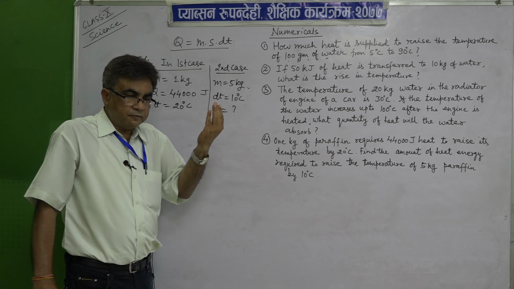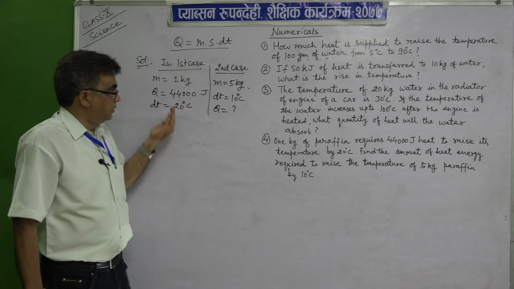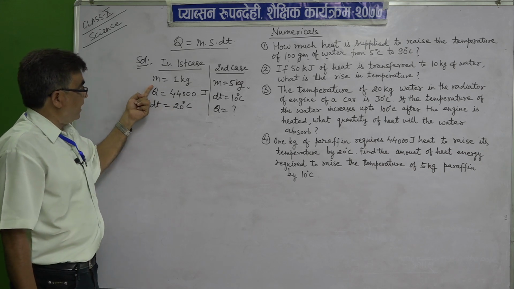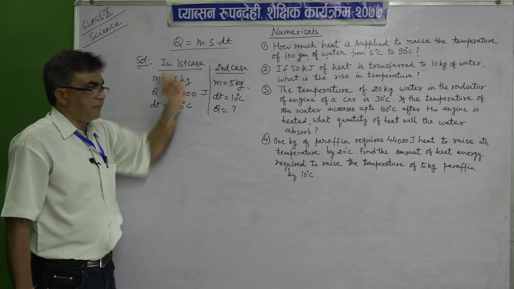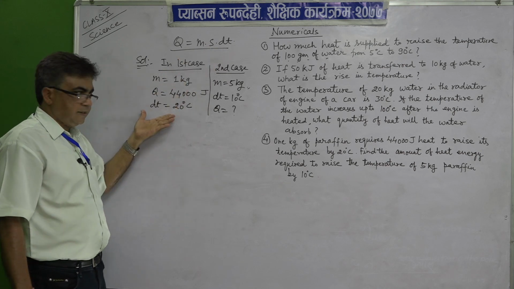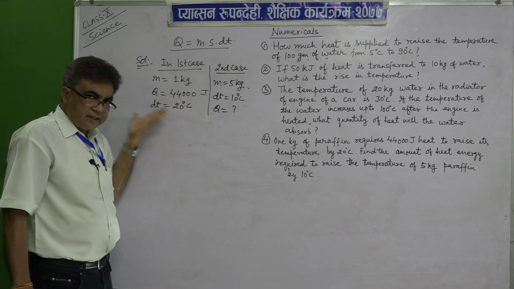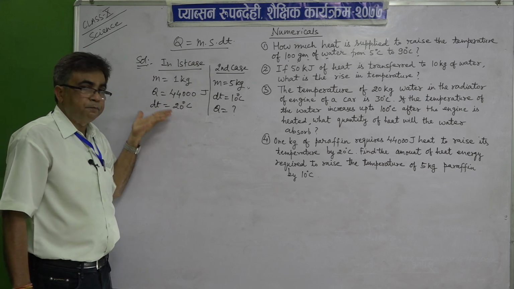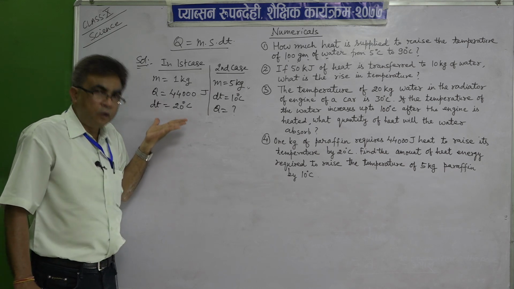Now, for your help, the first case is there. In the first case, look here, m is given, q is given, dt is given. It means from the first case, we can calculate S, and that S means the specific heat capacity of paraffin, because in this question we are dealing with paraffin, not water.